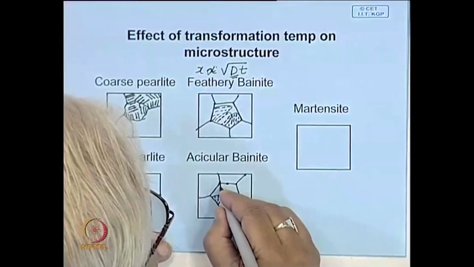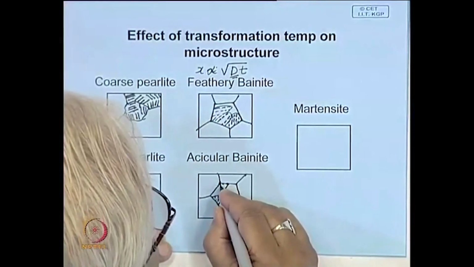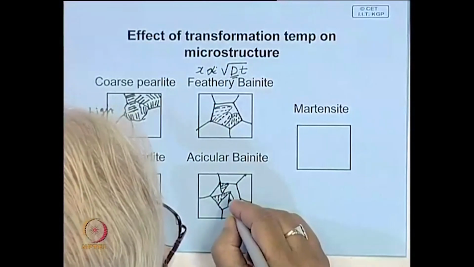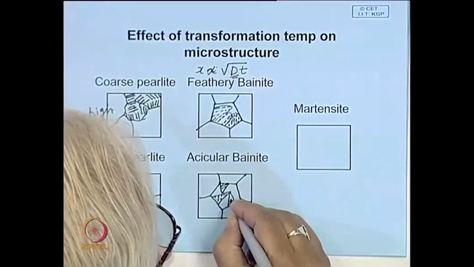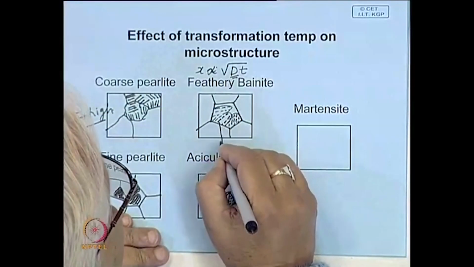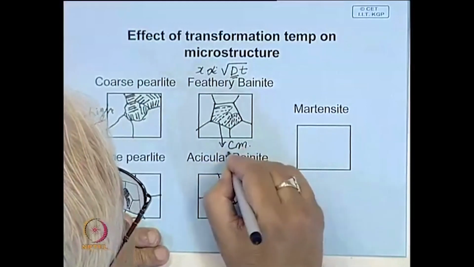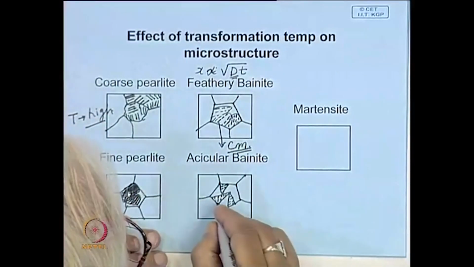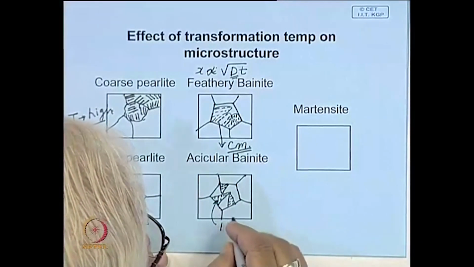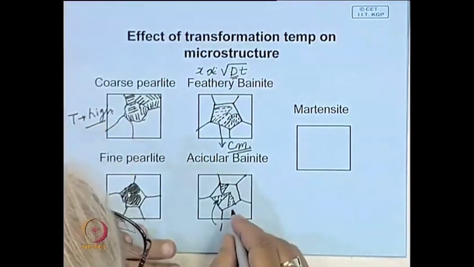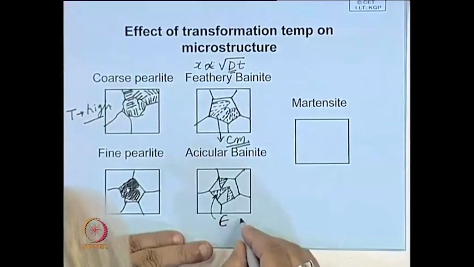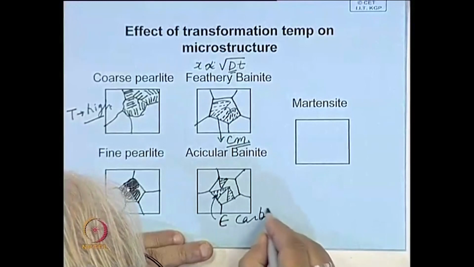So, it may have several types of structure. Ferrite has a typical needle-like feature, and these carbides, although cementite as in pearlite, here are called a different carbide. Its carbon content is a little different. It is called epsilon carbide.